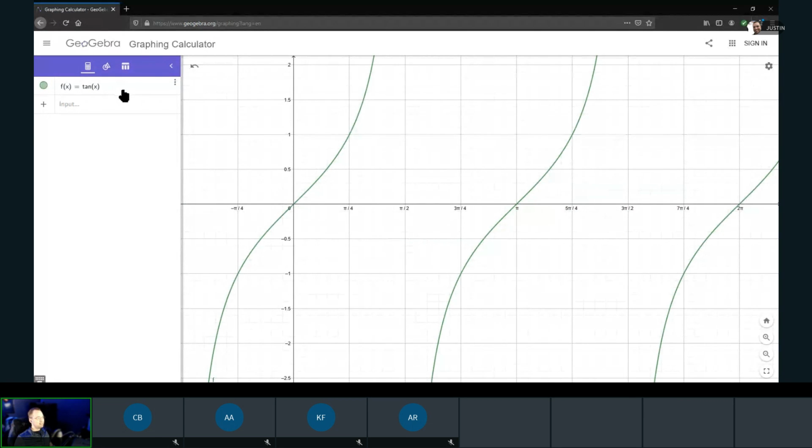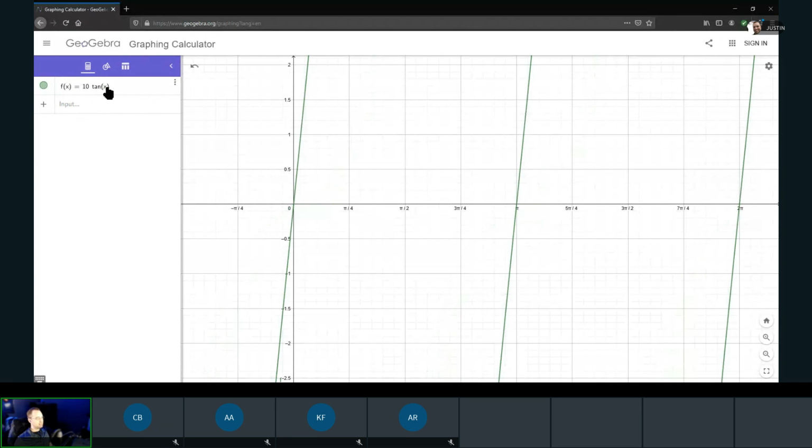Tangent and cotangent don't have amplitudes, because they have asymptotes instead. So whenever you change the amplitude, the A value of tangent or cotangent, it's going to change the steepness. So let's make this a 10 in front. Now, if you notice, it's very steep now.